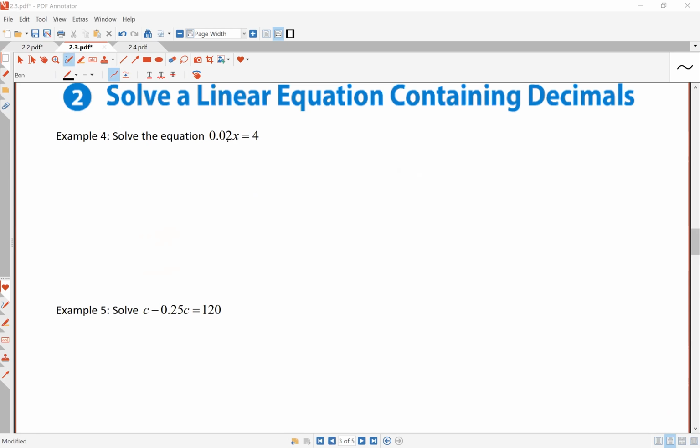Because when you have 0.02, that's thought of as 2/100ths. So it's about the number of decimal spaces you have.